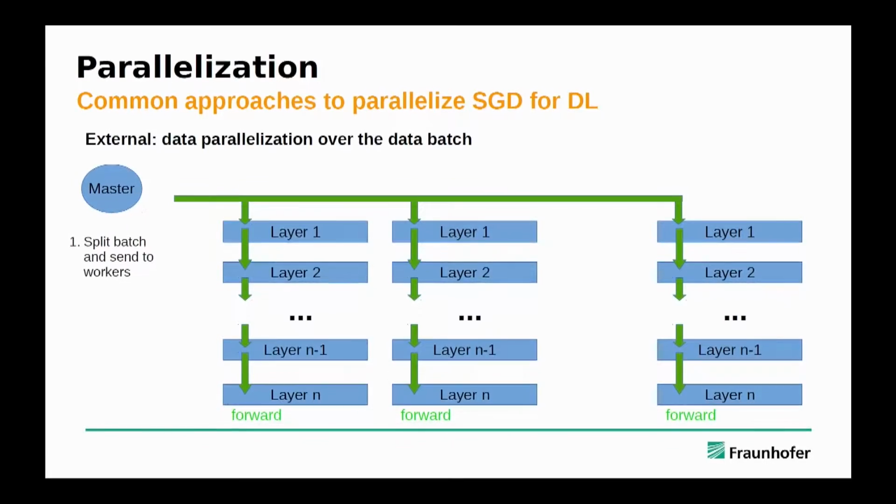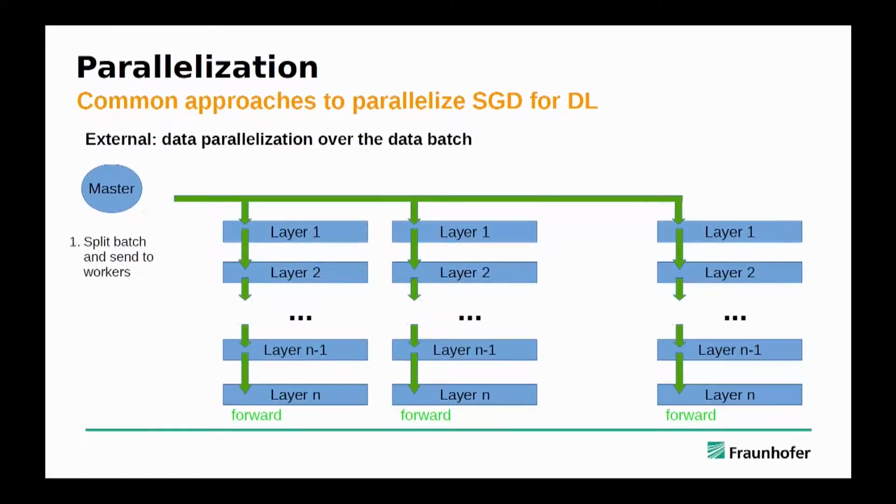Now, the second type of parallelization is what I call the external parallelization. Assume you want to parallelize the problem over several nodes. The common approach is a simple data parallelization. So I take my batches of data in one iteration step, split them from some master and feed them forward through several worker nodes who have the same copy of the entire model. Very simple.